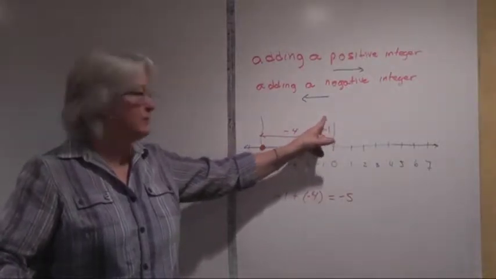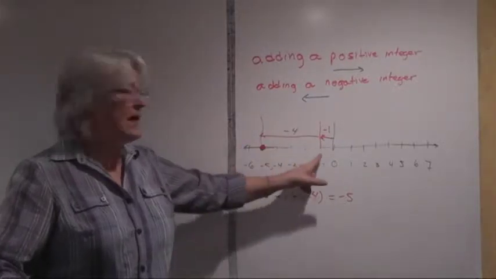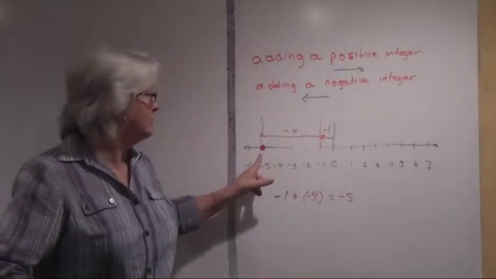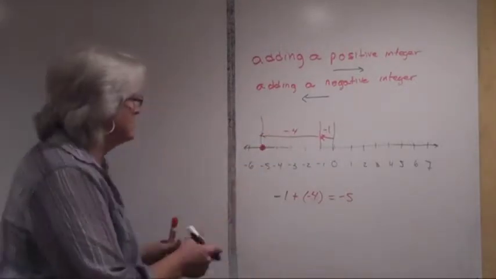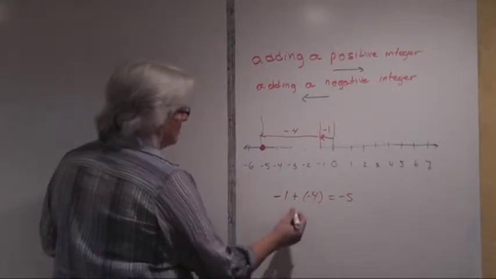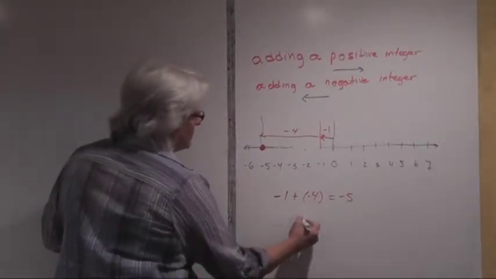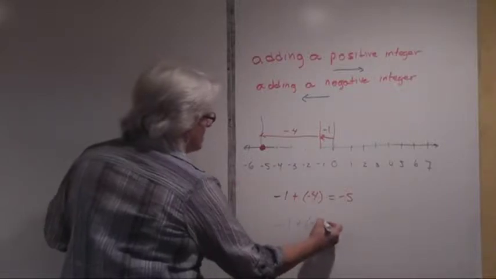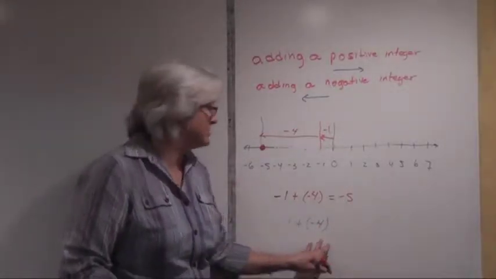Well, that's 1 unit. How many units do we have from -1 to a -5? Well, we have 4 units, so we can actually say, if we want to add together a -1 plus a -4, we can just add their absolute values together.